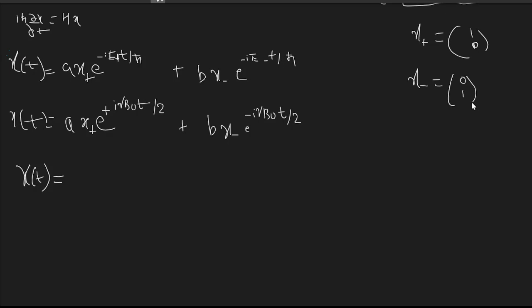So these are the spin up and spin down states in quantum mechanics, (1, 0) and (0, 1). That's the matrix formulation, and it is very important because it simplifies the whole problem.